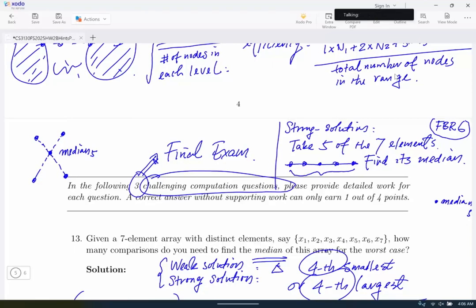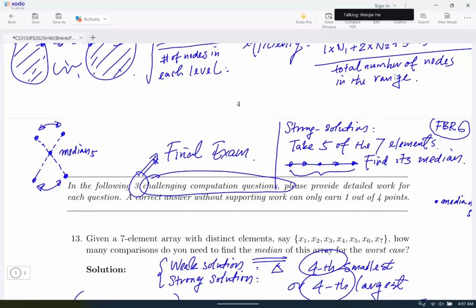But the order of these you may not know. You know which 2 elements are greater than the median and which 2 are smaller, but you don't know the order between those 2 elements.